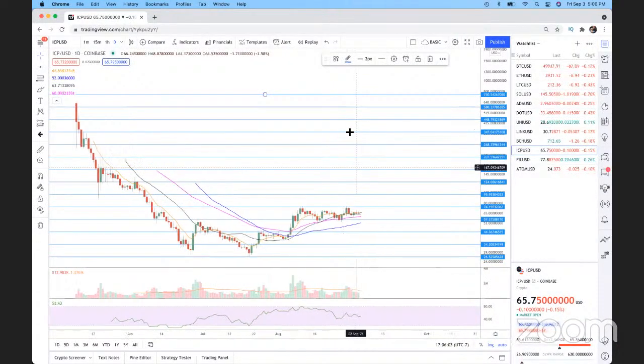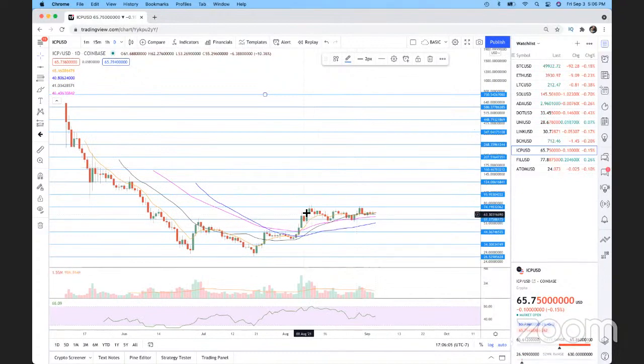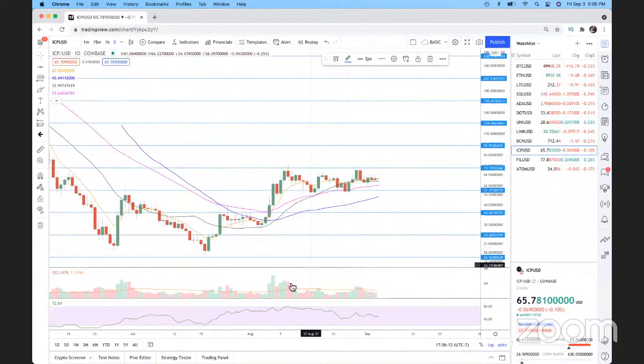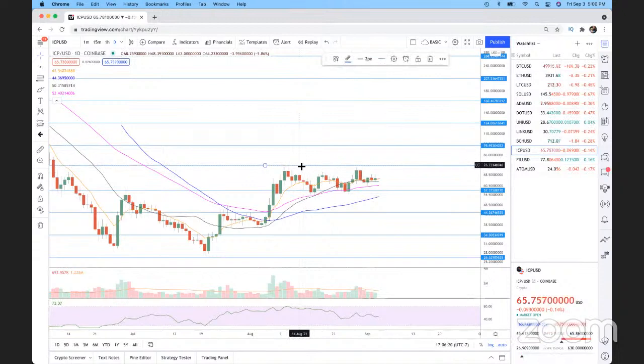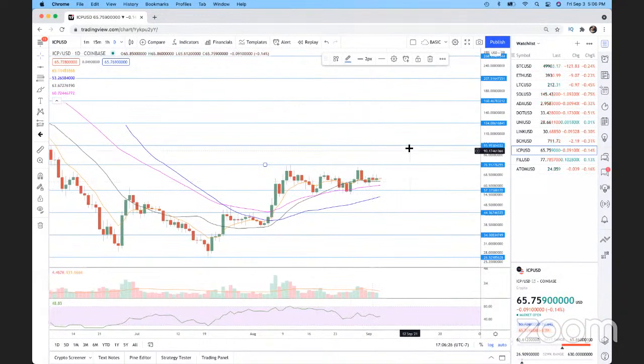Okay. And for this one, the area that we need to see the break is 76.35. Keep an eye on it. The volume is good, again, a few days ago, not now. Now it's still in consolidation. But if it breaks out right there, at 77, then it's got potential to make a good move.